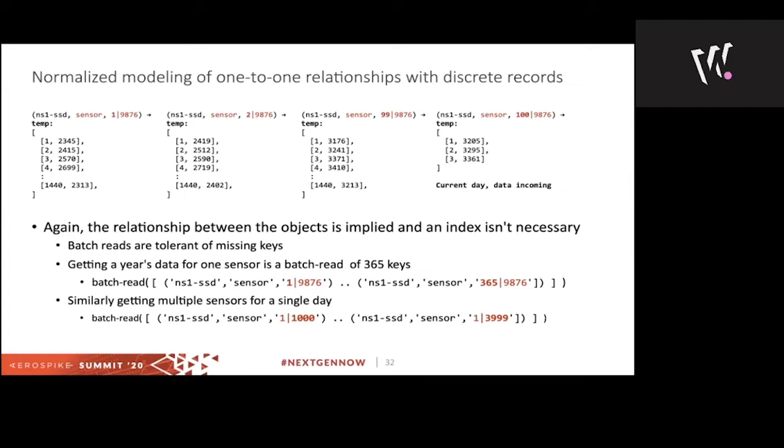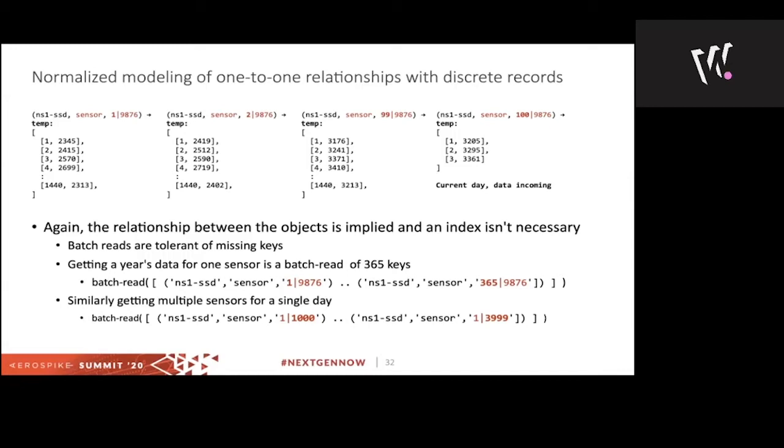So day 1, sensor 9876, day 2 of sensor 9876, onwards and onwards. These are continuous, although there don't have to be records in between, and then we have days 99 and 100, and 100 is the current day. You can see that data is still incoming.